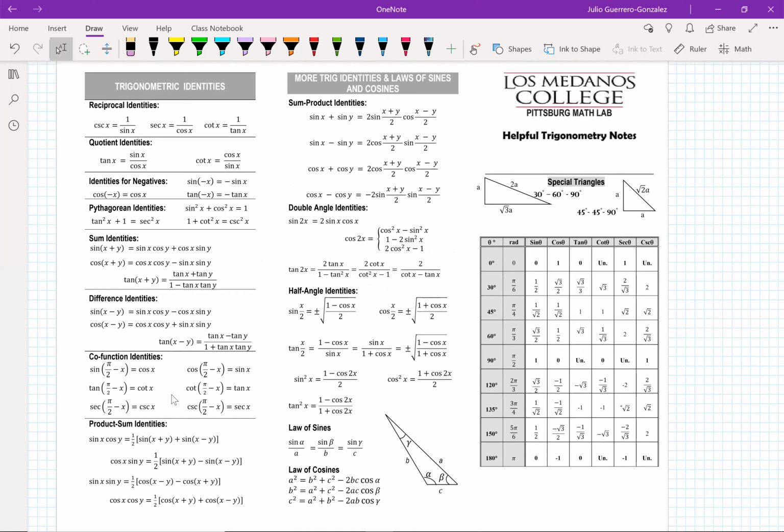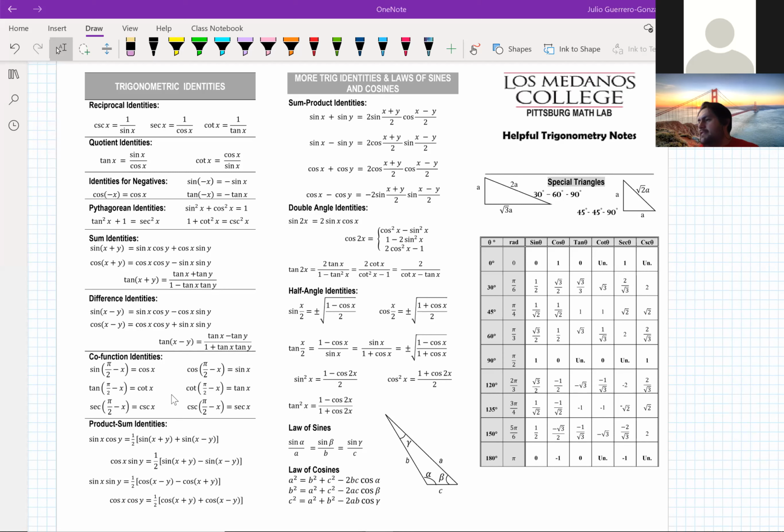This is actually supposed to be a little trifold. If you look at my camera, it's supposed to fold up into a nice little trifold thingy.